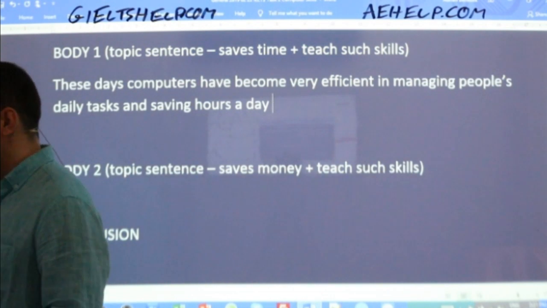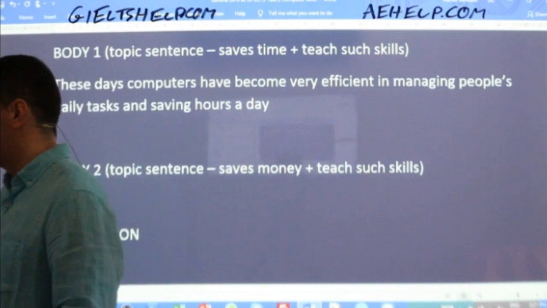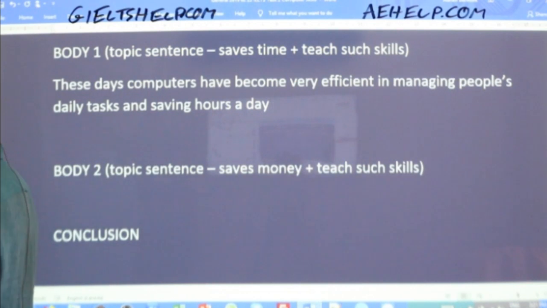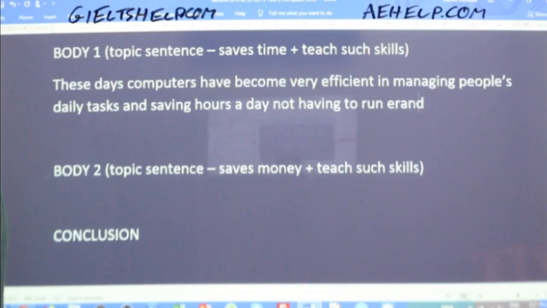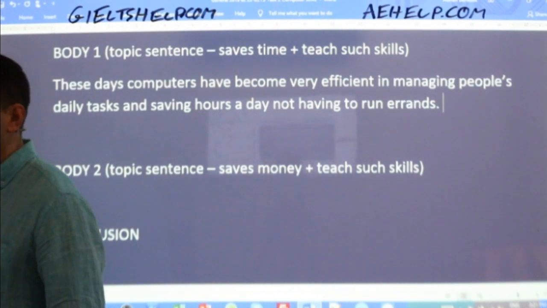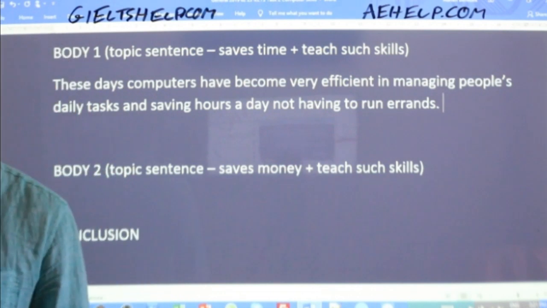Okay, so these days computers have become very efficient in managing people's daily tasks and saving hours a day, not having to run errands. Okay, that's my topic sentence.